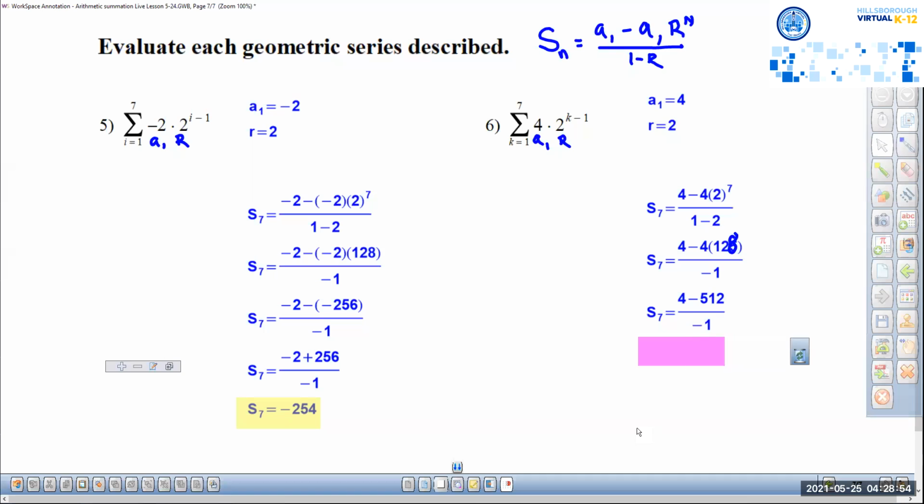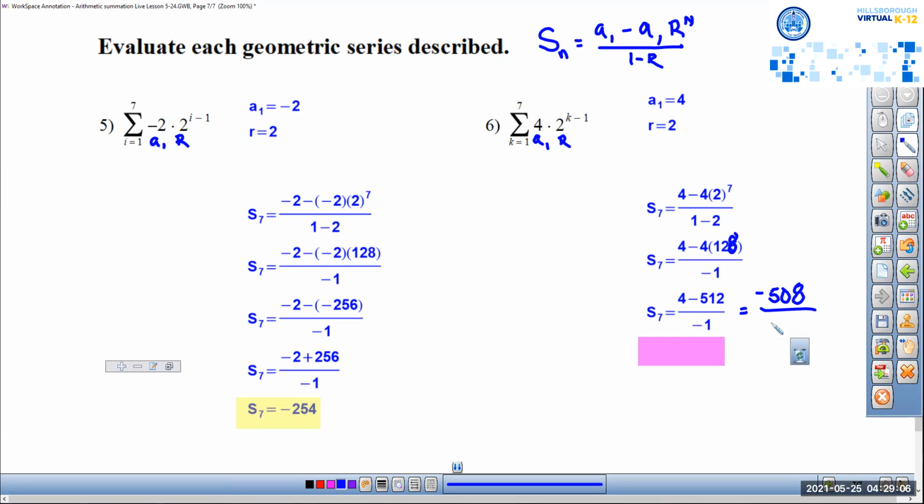And I did simplify the denominator. Now do 4 minus 512. That gives you -508. -508 divided by -1. And that gives you positive 508.